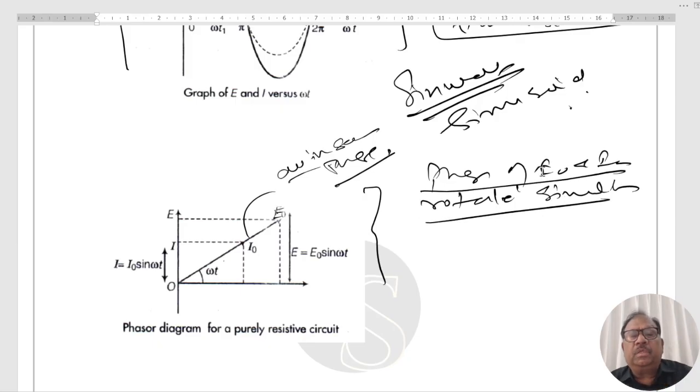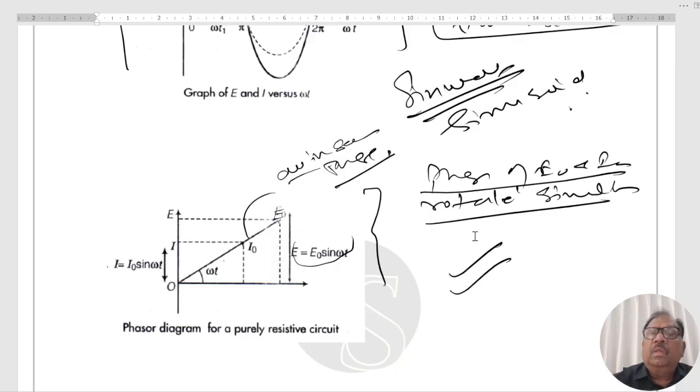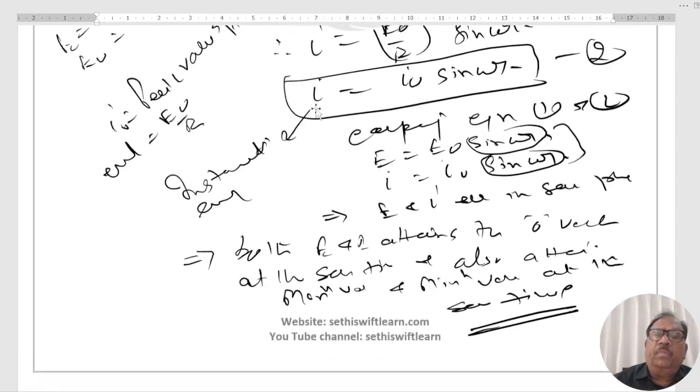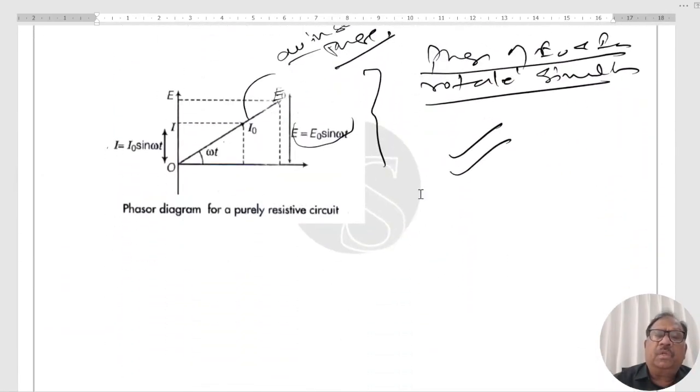If one rotates like this, the other rotates like this. This is E naught, this is the instantaneous voltage, and this is the instantaneous current. This is all about when current flows through a pure resistor.